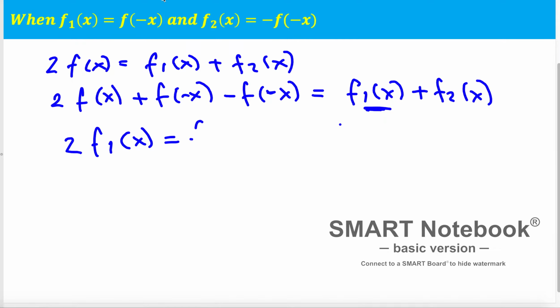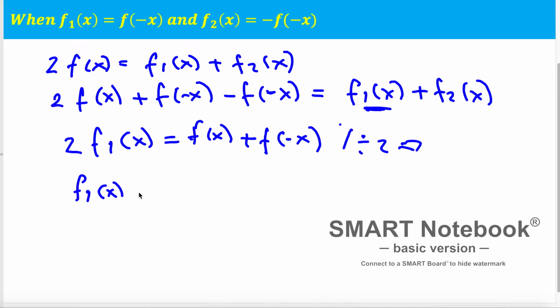So let me erase this here. On the other hand, if we are dividing everything by 2, we already get f1 of x, so I'm taking a little bit of a shortcut: 1 over 2, f of x plus f of minus x.